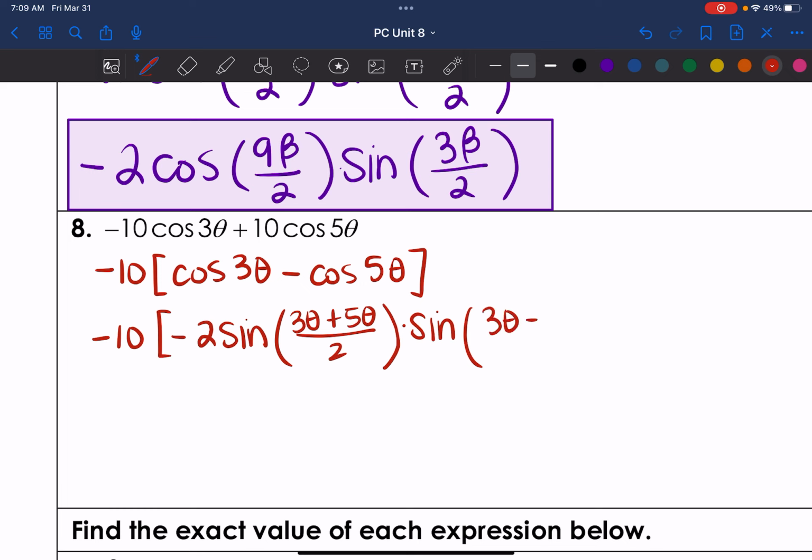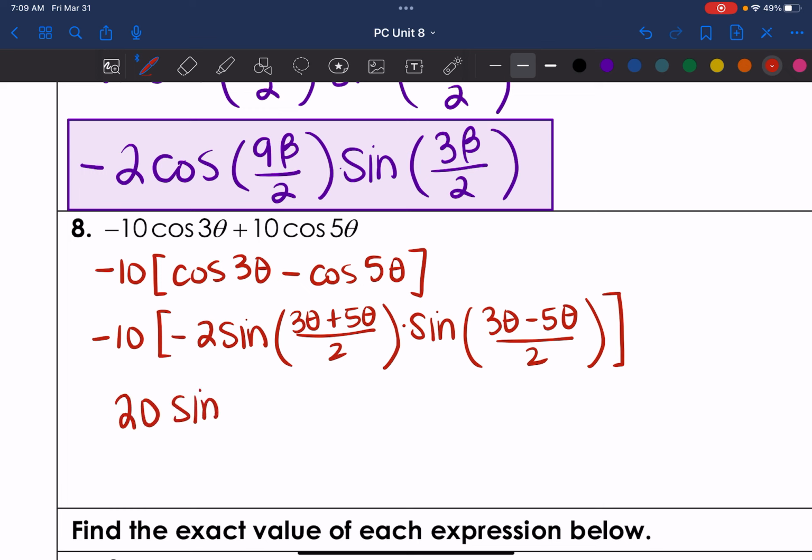Three theta minus 5 theta over 2. Okay, so right here, negative 10 times negative 2, that's going to give me positive 20. So I'm going to go ahead and put positive 20.